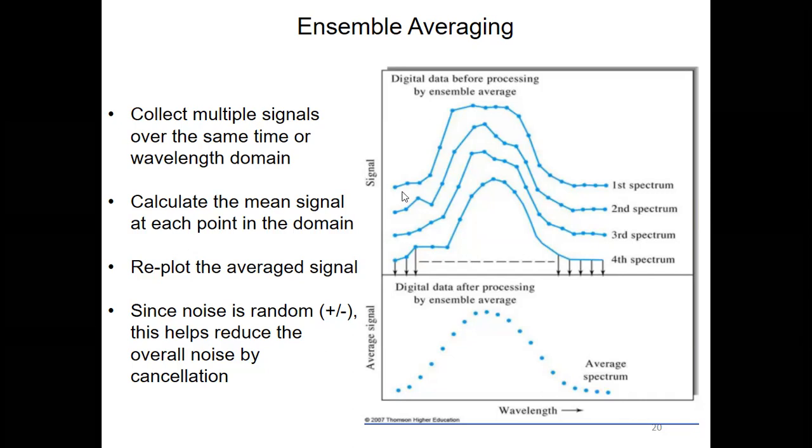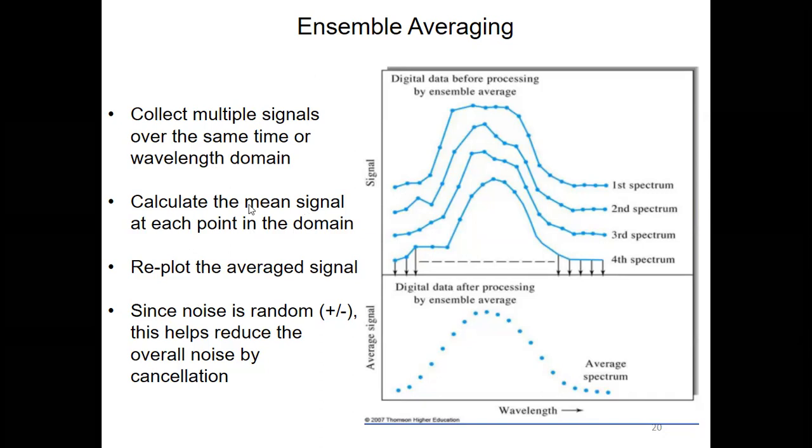So what is happening here? First, we collect multiple signals over the same time or wavelength domain. It can be a time domain or wavelength domain. We collect the multiple signals and then calculate the mean signal at each point in the domain.